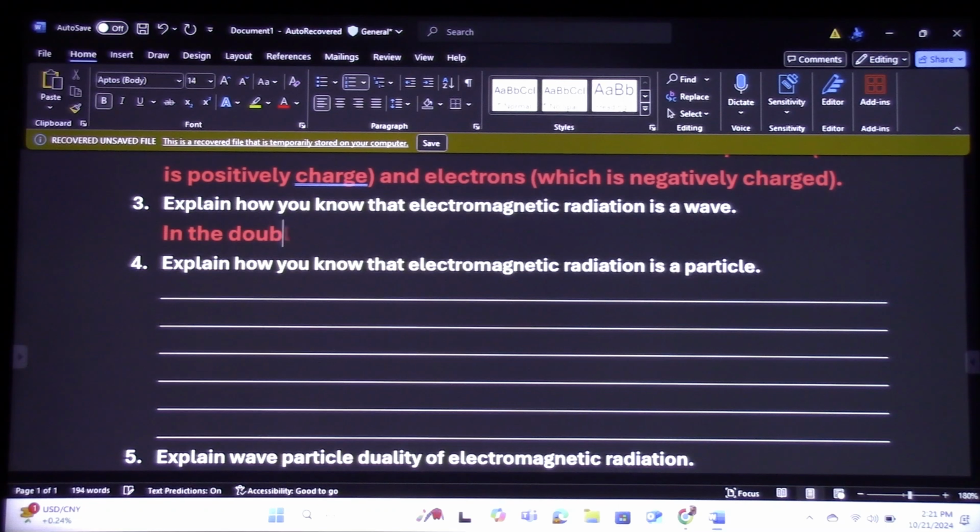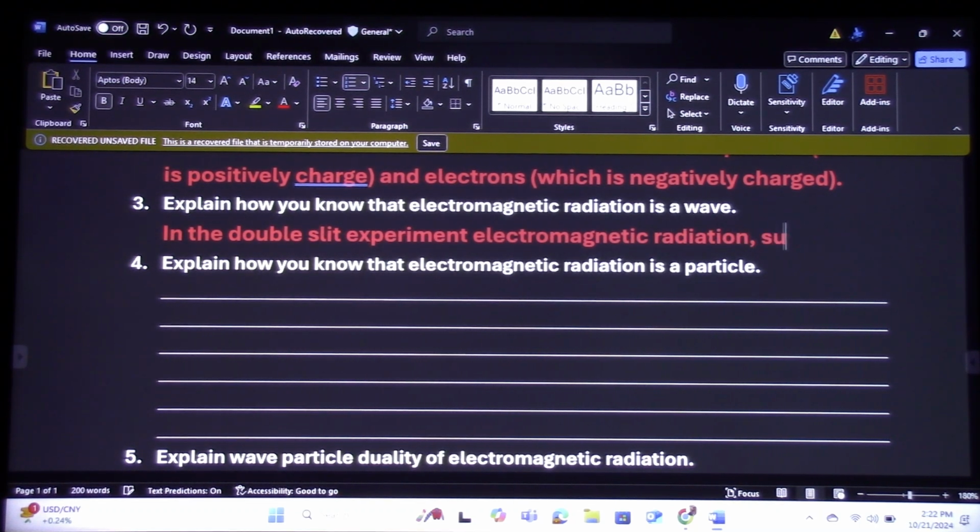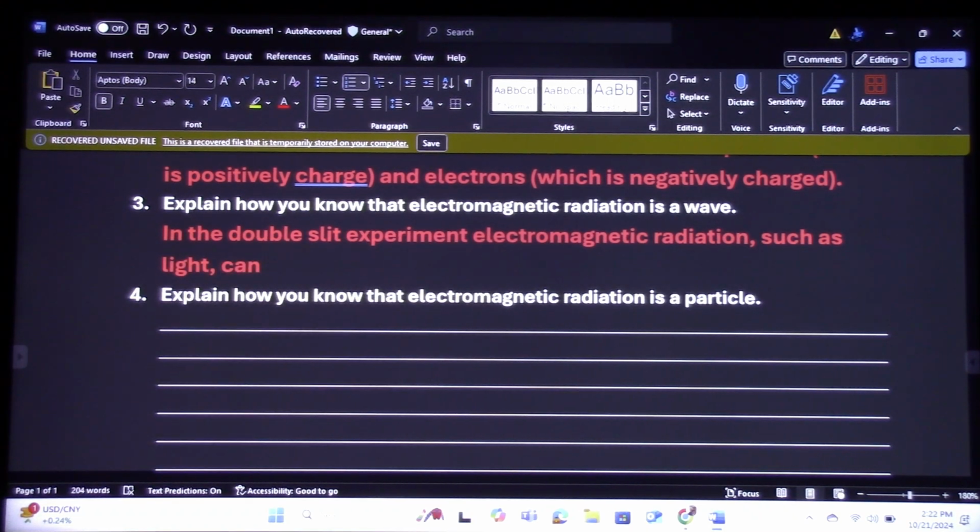In the double slit experiment, electromagnetic radiation such as light was passed through two slits.